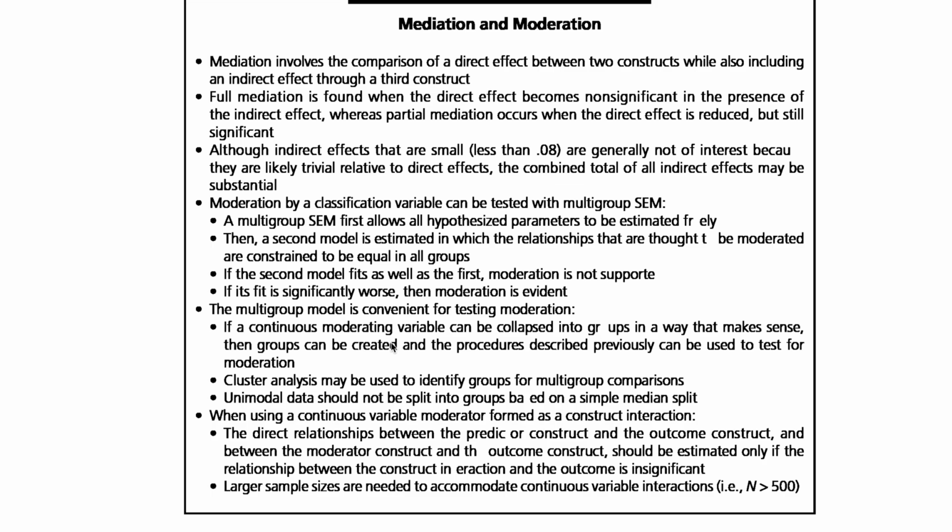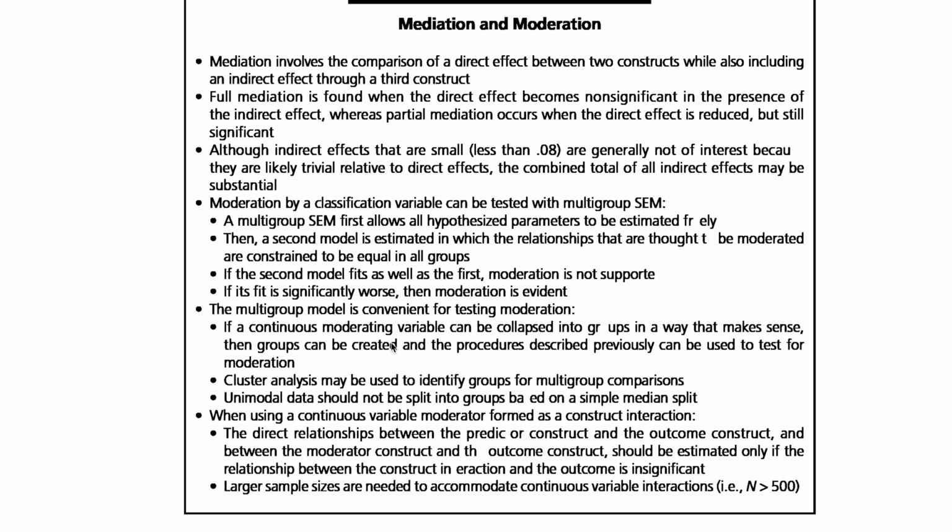If a continuous moderating variable can be collapsed into groups in ways that make sense, groups can be created and the procedure described previously can be used to test for moderation. Cluster analysis may be used to identify groups for multi-group comparison. Unidimensional data should not be split into groups based on a sample median split when using the continuous variable moderator to form a construct interaction.